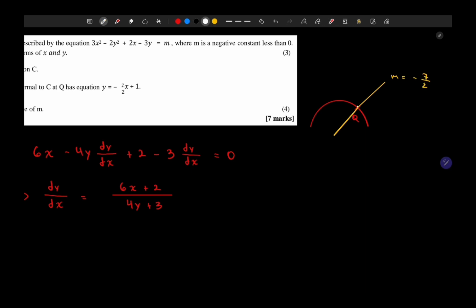So the tangent will look something like this, which will have a gradient of 2 over 7, because the product of the gradients of two perpendicular lines will always be equal to negative 1.